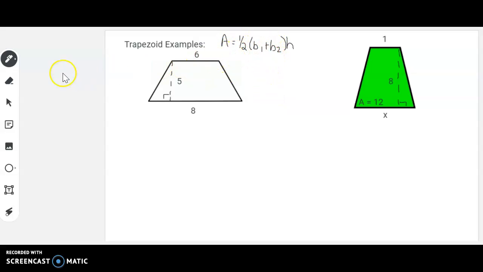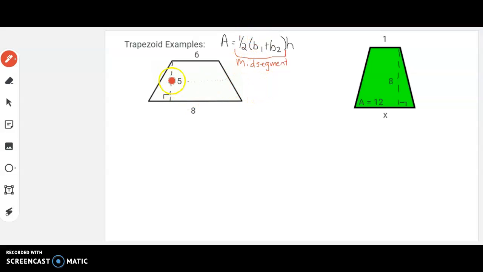This whole part right here, we kind of had to skip that lesson because of the snow, but this part is the mid-segment formula. Mid-segment. And that means I'm finding literally the middle part of the trapezoid.